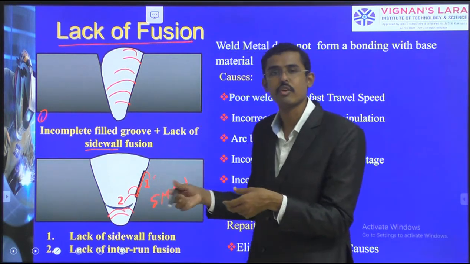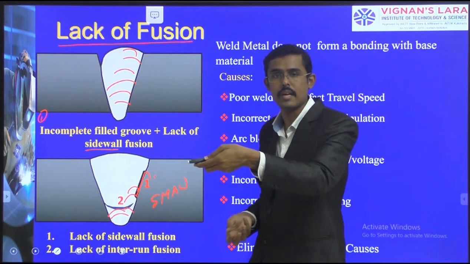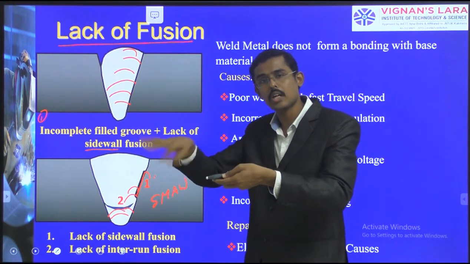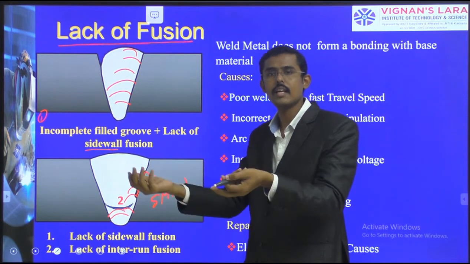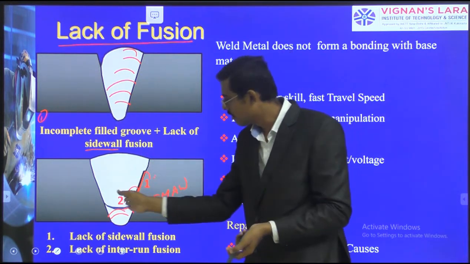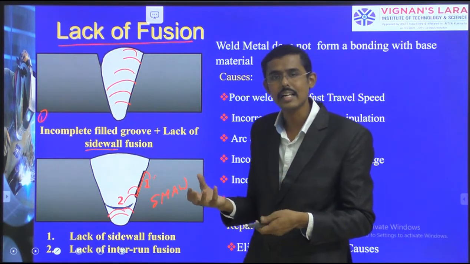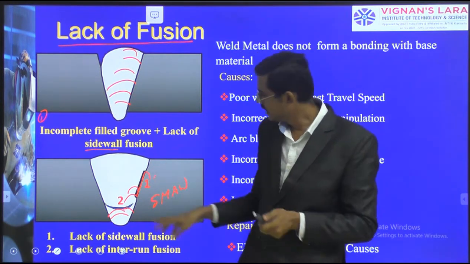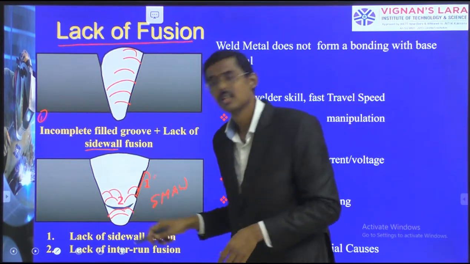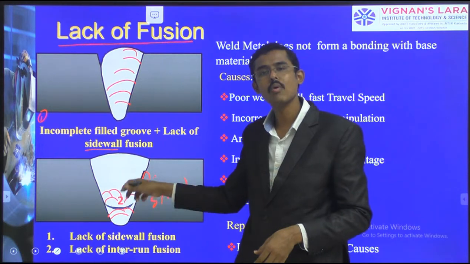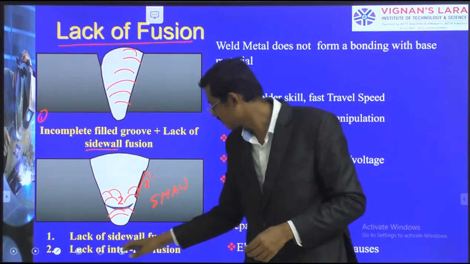Next layer, next 450 mm we have to weld. But in between the slag is formed for that 450 mm plate. That is to be removed, and then the slag is used for protection. Welding over, slag to be removed. When removing, due to the welder's lethargy, the slag is not removed properly. Then it is inside. Above this I am going further. So the above layers are not matching with the below one. So that is called lack of inter-run fusion.